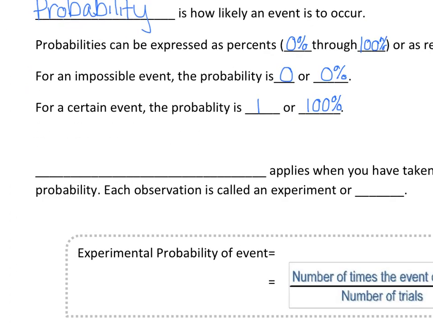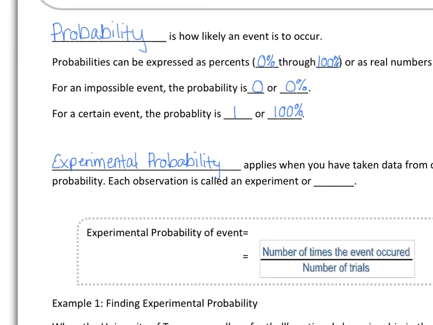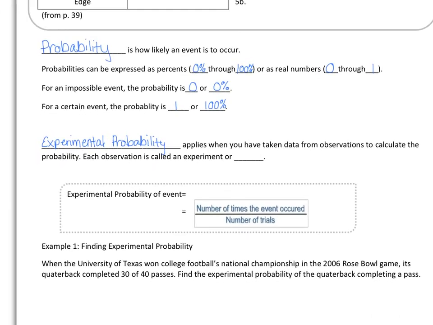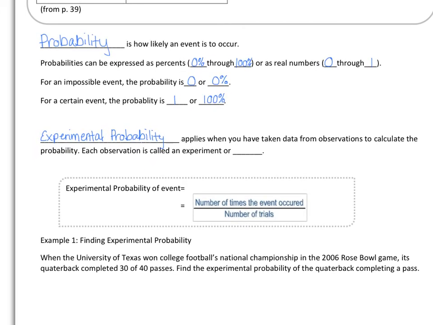All right. Now, specifically, we're going to talk about two different probabilities. The first one is experimental probability. Experimental probability applies when you have taken data from observations to calculate the probability. Okay, so we actually take data from things that have happened and we calculate the probability from that.